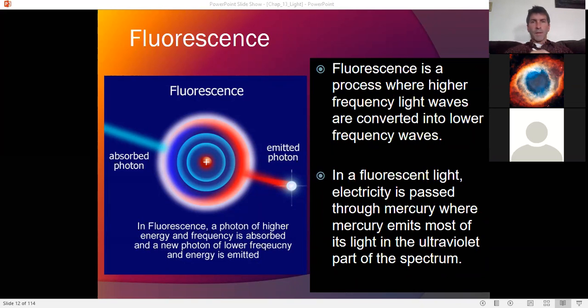So for instance, I want to produce white light, okay? The problem is the LEDs that I have naturally produce blue or even violet light. So we use a fluorescent material. The name of this fluorescent material is cerium oxide, and they usually put some other materials in there too. The bluish light comes in, okay?